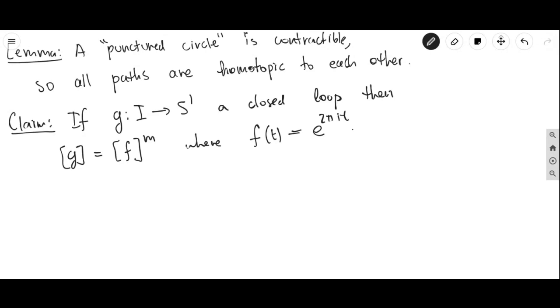So it's that loop right there. So that's what we're claiming. We're claiming that every homotopy class is included in the list of classes that we've written out. So that is what remains to be seen.